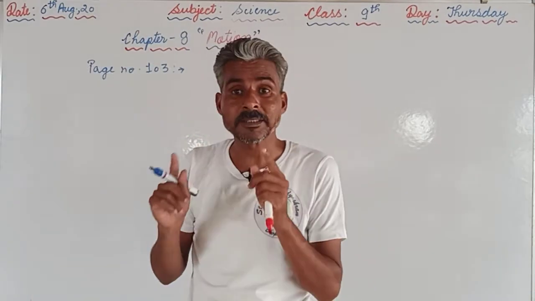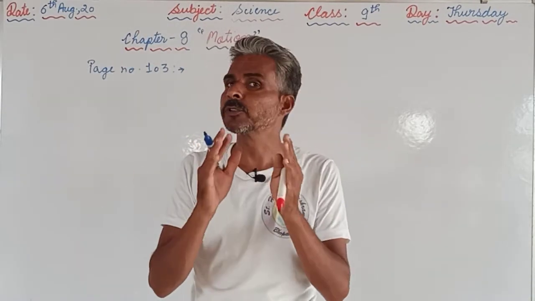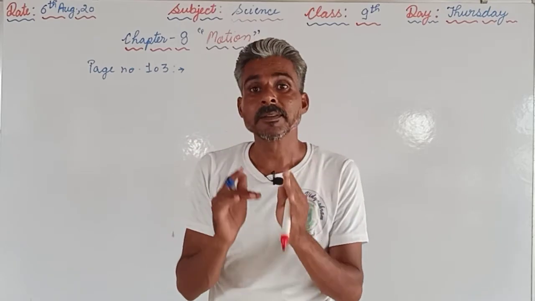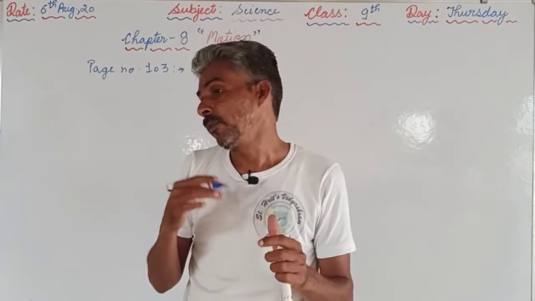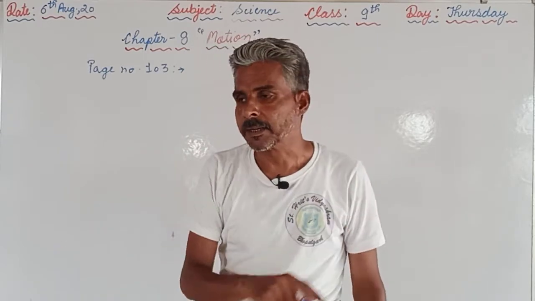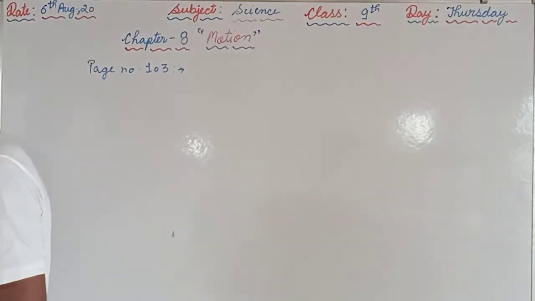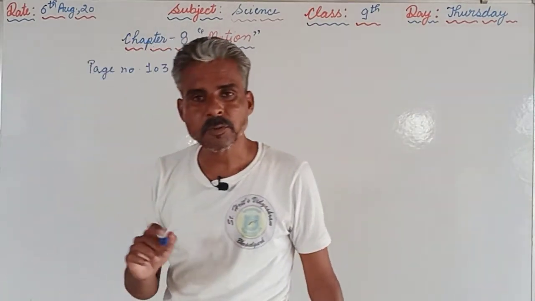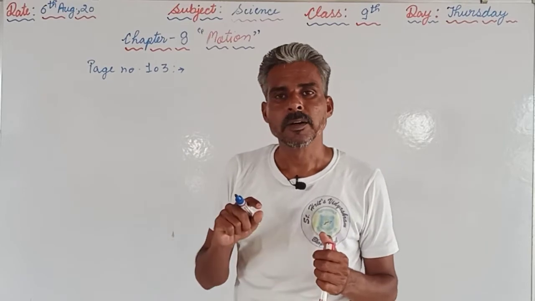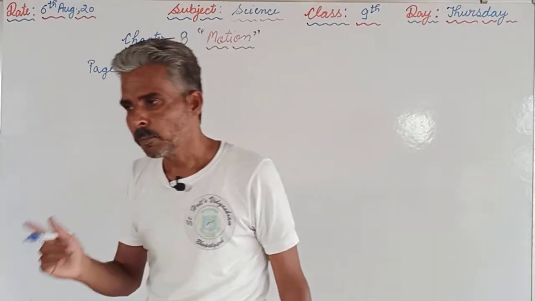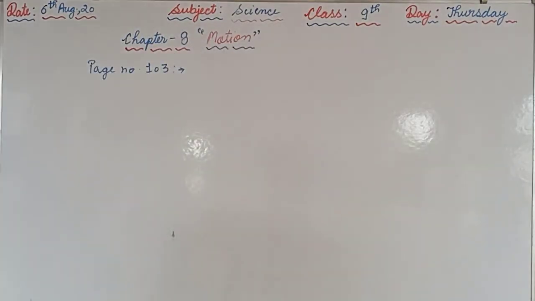So for uniform accelerated motion, the object should move in a straight path, and the rate of decrease or increase of velocity should be constant. For non-uniform motion, if the rate of change of velocity is not constant, then we can say the object is under non-uniform accelerated motion. So this is the answer of the first question, first part and second part as well.